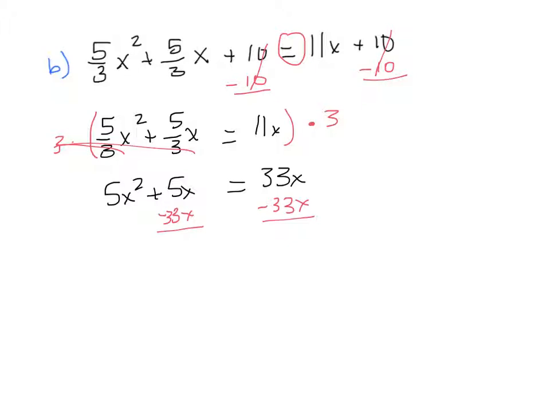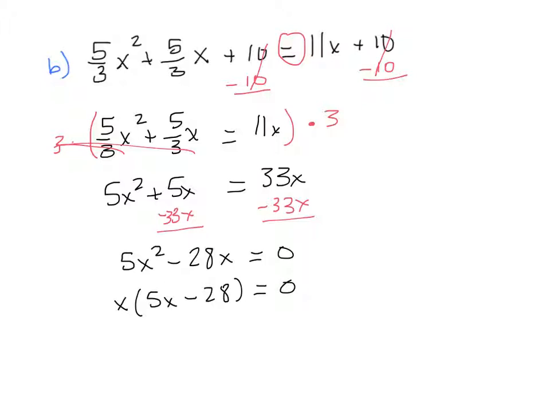And I get 5x squared minus 28x, and that'll equal 0. And this is a quadratic. I can factor it. Simply factor the x out, and I get x times 5x minus 28 equals 0.